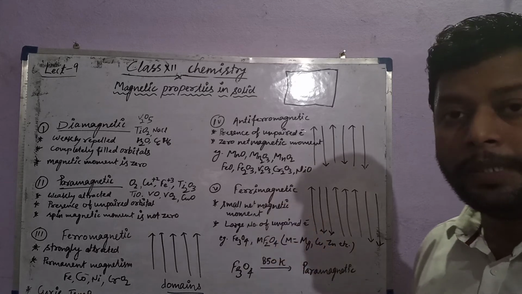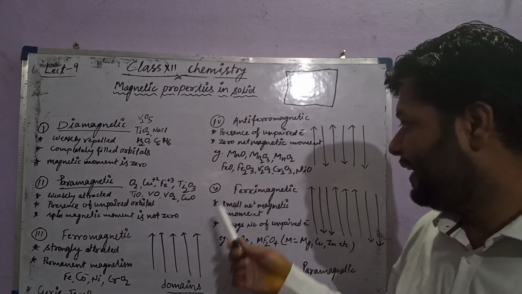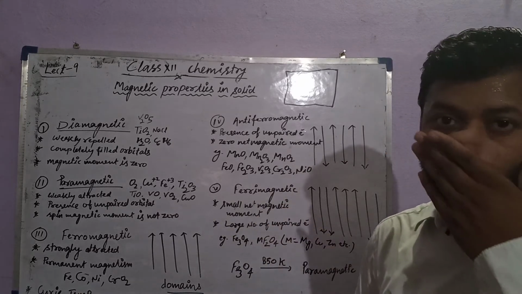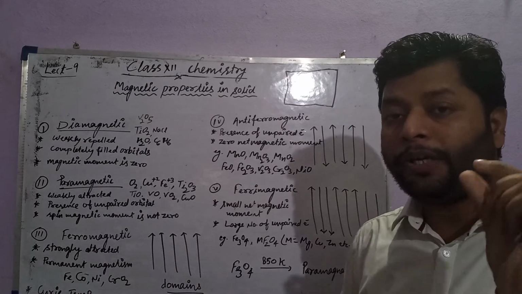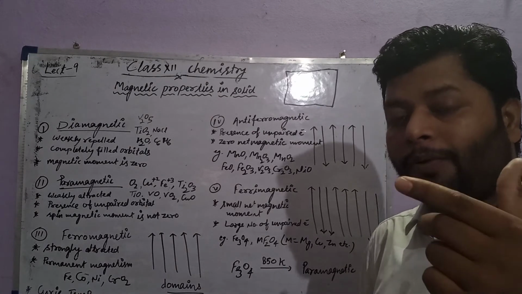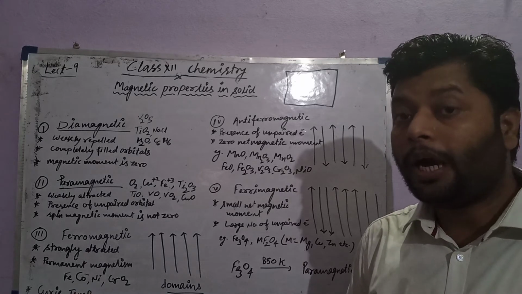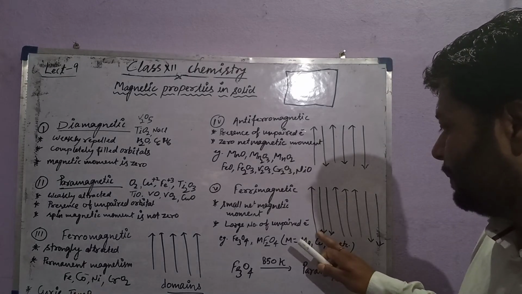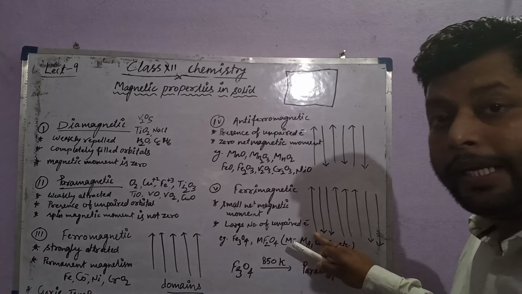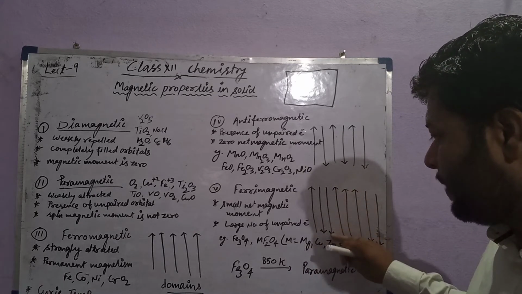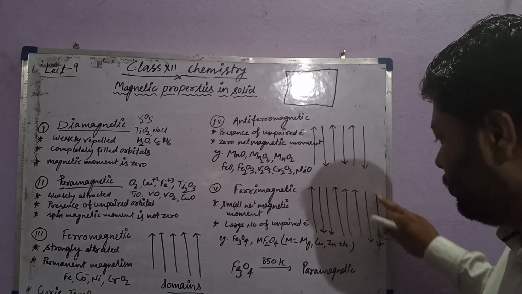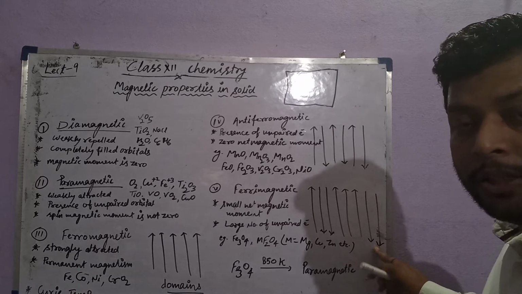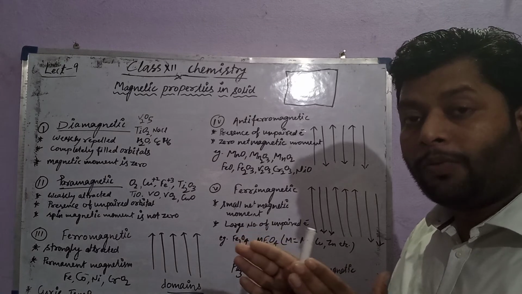And the third possibility is ferrimagnetism. This is due to the unequal orientation of domains. For example, suppose one domain is parallel and two domains are antiparallel, then three domains are parallel and two are antiparallel. So the net magnetic moment will not be zero.